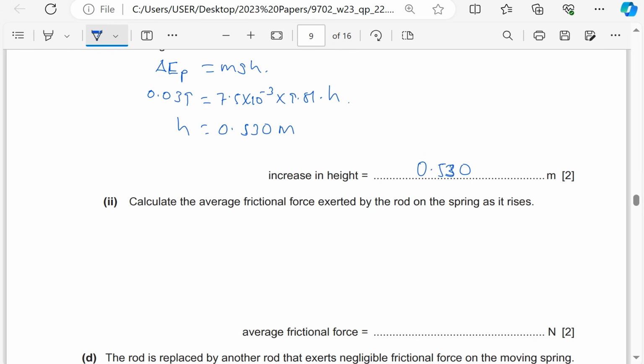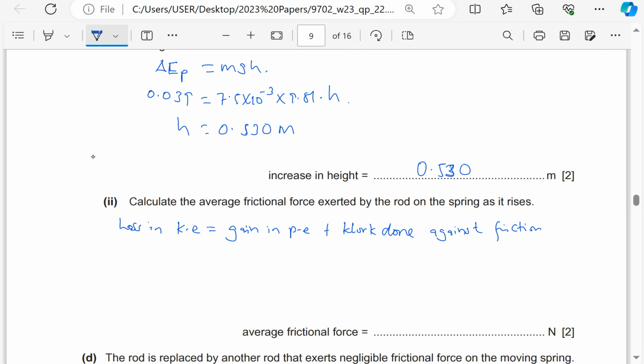Then calculate the average frictional force exerted by the rod on the spring as it rises. Remember, it is initially having kinetic energy. It is going to lose the kinetic energy as it gains potential energy and does work against friction. So I'll say the loss in kinetic energy should be equal to the gain in potential energy plus the work done against friction.